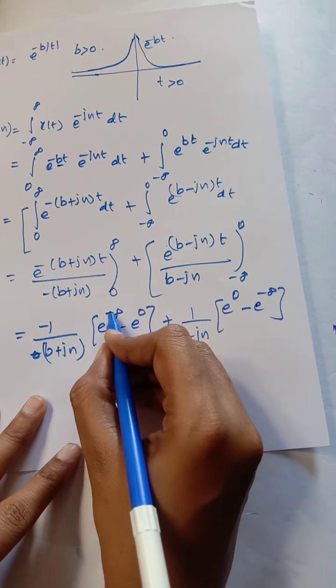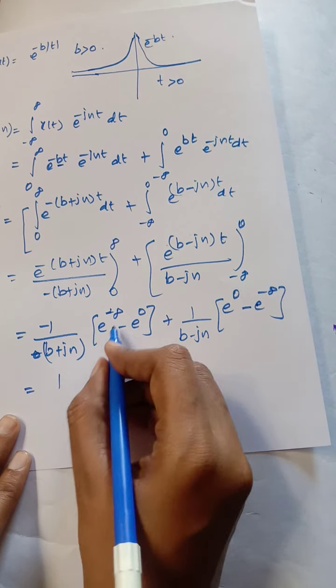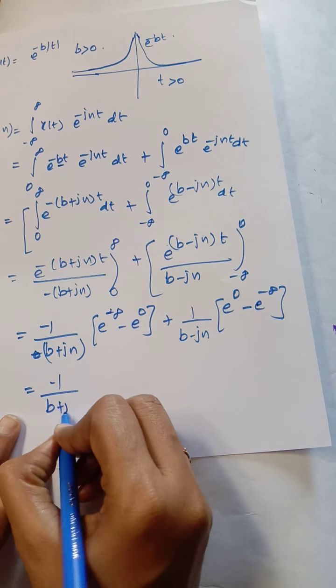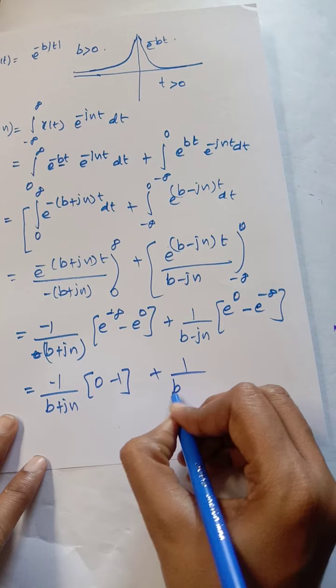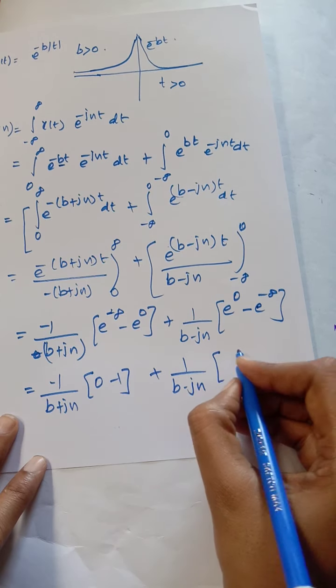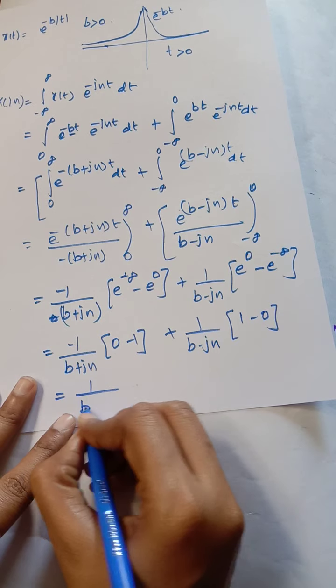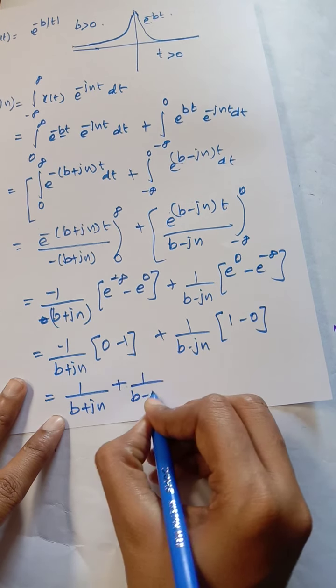So e power minus infinity is 0, so minus 1 by b plus j omega into 0 minus 1, and here 1 by b minus j omega into 1 minus 0. So finally it is 1 by b plus j omega plus 1 by b minus j omega.